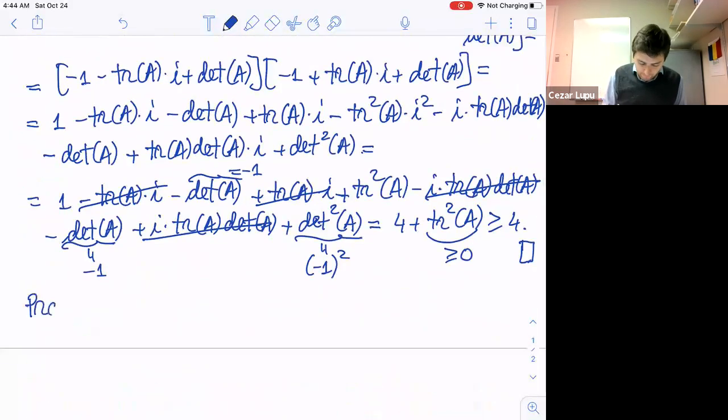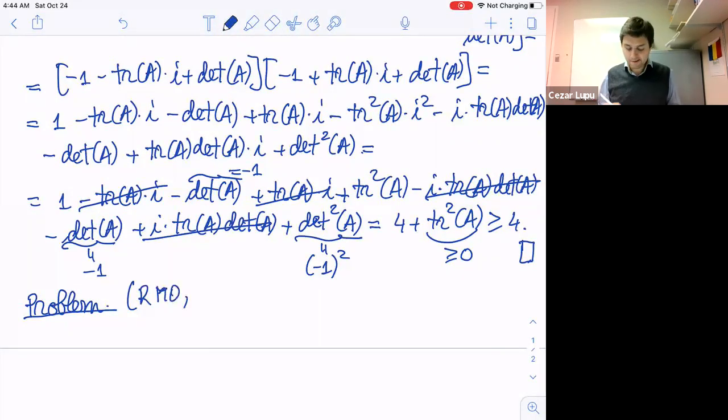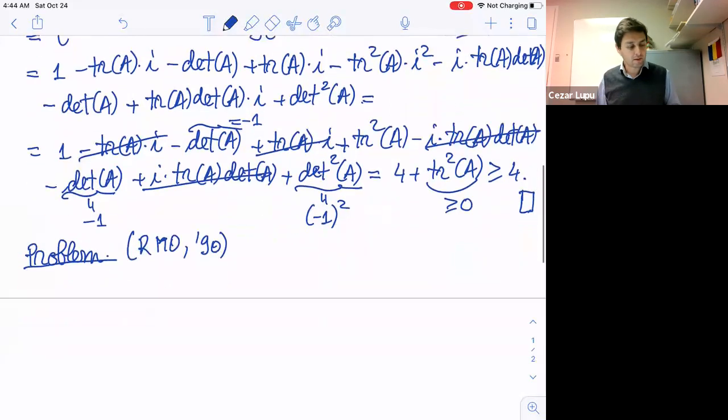I'm not going to put any number here. So some Romanian math Olympiad, God knows what year, I don't know, in the 90s. I usually put this problem in a mock Putnam exam when I was at Pitt. I remember doing this. It's a very nice problem.